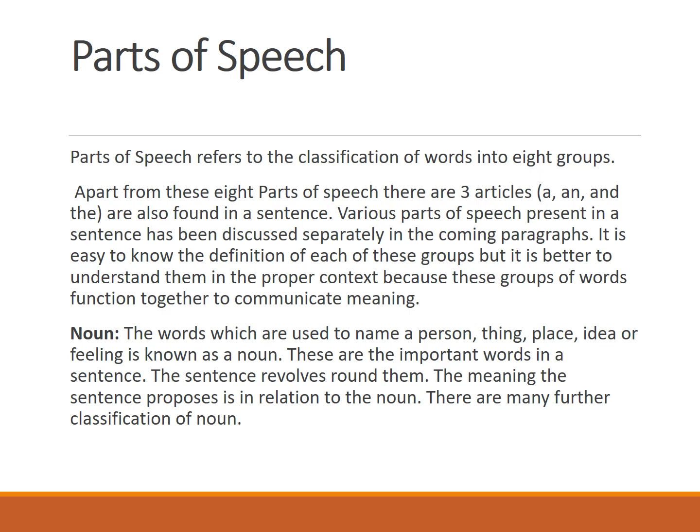Noun. The words which are used to name a person, thing, place, idea, or feeling are known as nouns. These are the important words in a sentence. The sentence revolves around them. The meaning the sentence proposes is in relation to the noun. There are many further classifications of nouns, and you know all these from your basic grammar class.